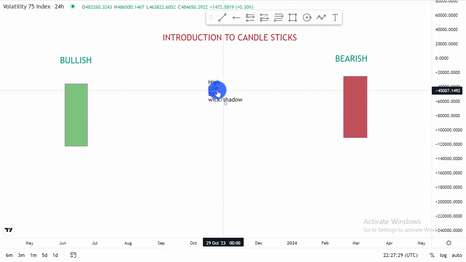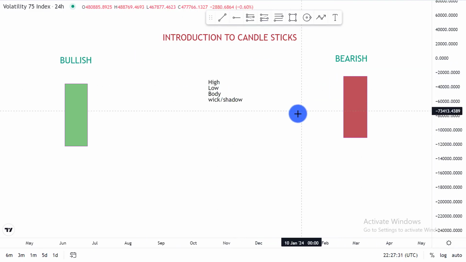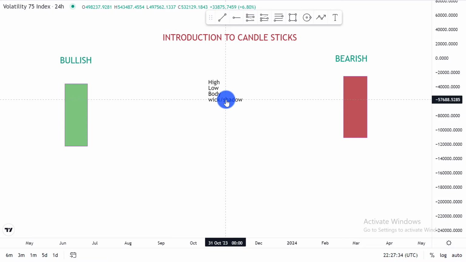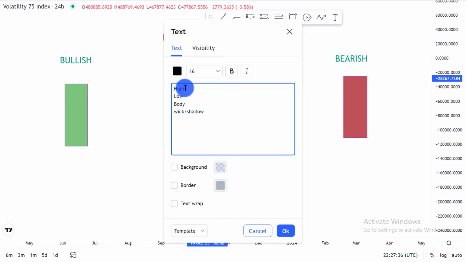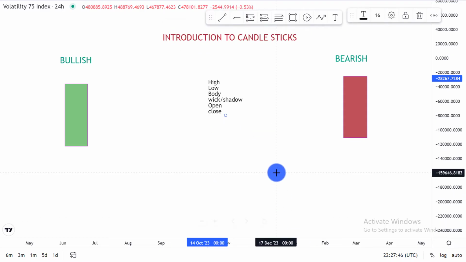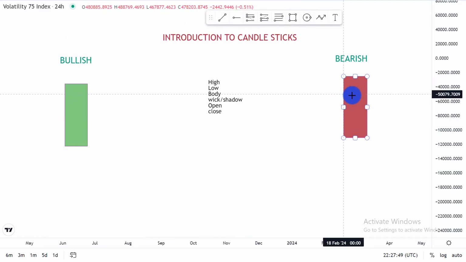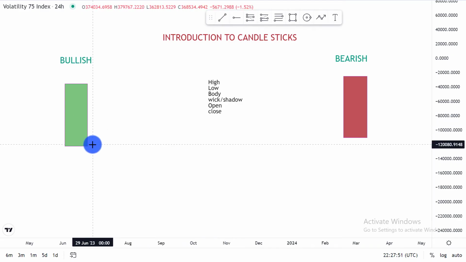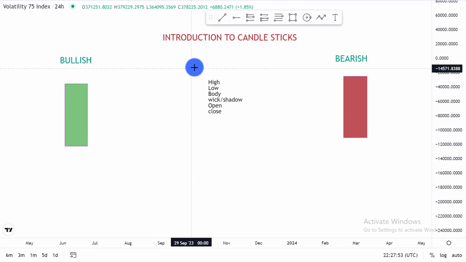The only difference between a bullish and bearish candle is seen in the candle open. Of course, something I forgot to add here: it will have a candle open and a candle close. The difference between the bullish and bearish candle is seen in their opening price and closing price.